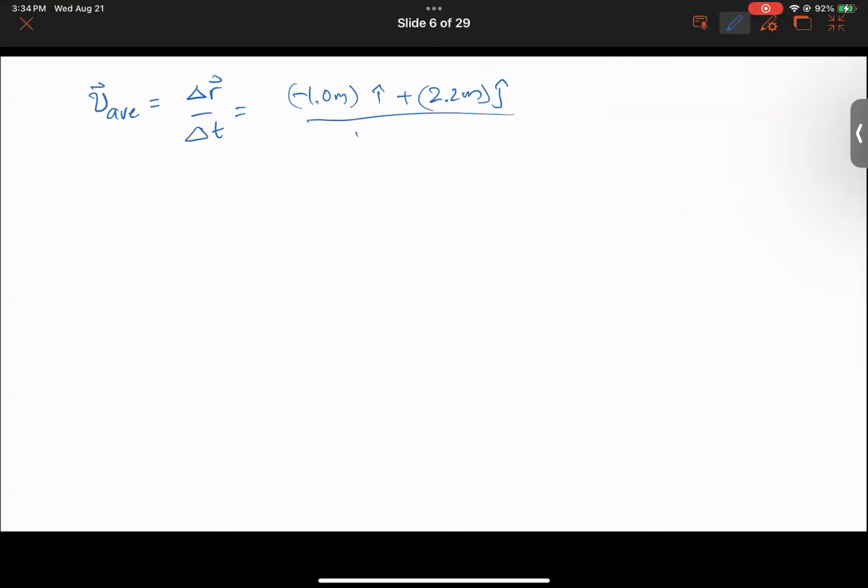And then yung delta T is 2.0 seconds minus 0.0 seconds. So this gives us negative 0.5 meters per second i hat plus 1.1 meters per second j hat. So ito yung ating average velocity na vector.